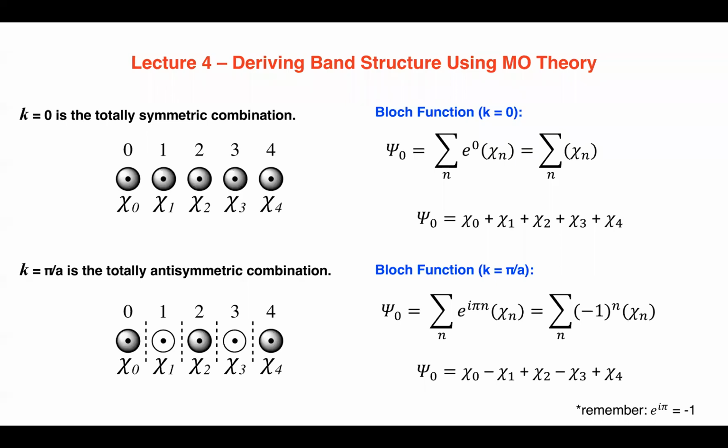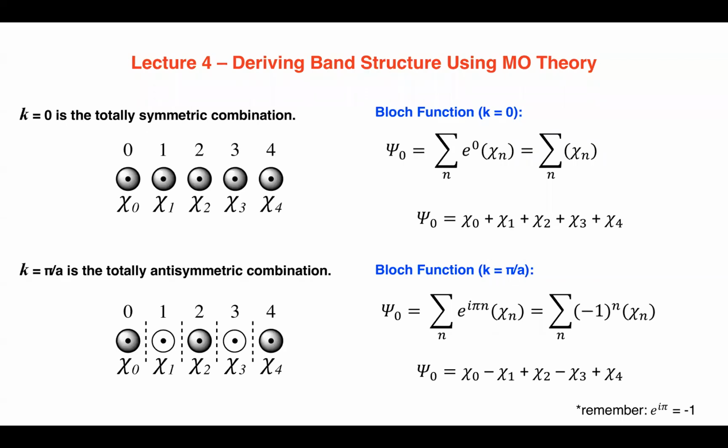So for example, we'll stick 1 into this summation. -1 raised to the first power is -1 times chi 1, so that gives you minus chi 1. Let's stick 2 into n there. -1 squared is +1 times chi 2, which gives you plus chi 2, and so on and so forth.